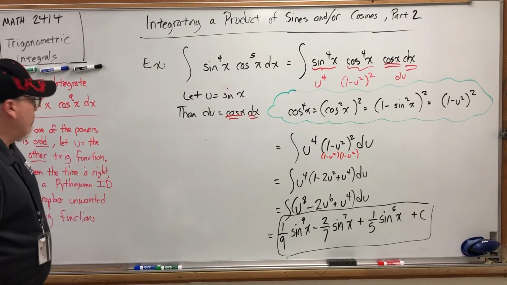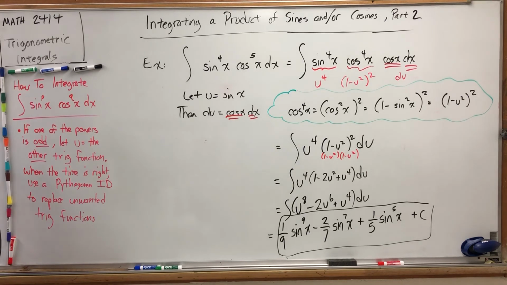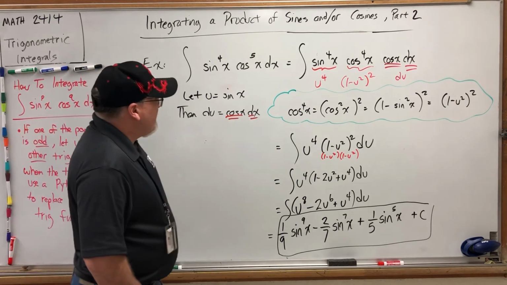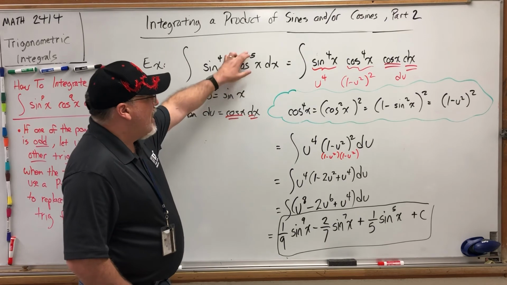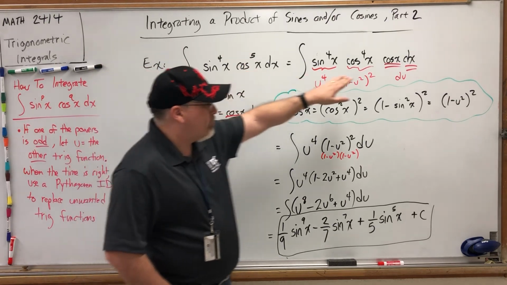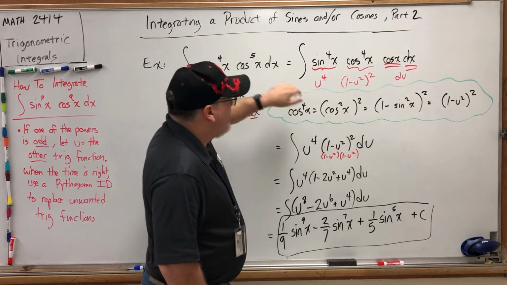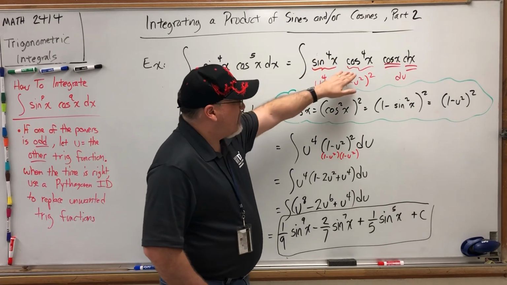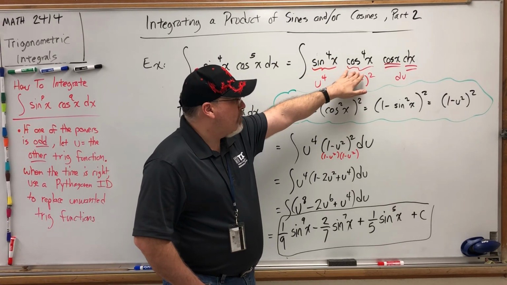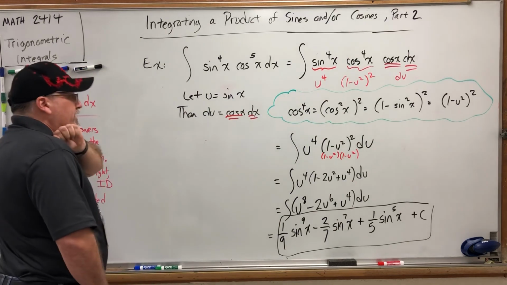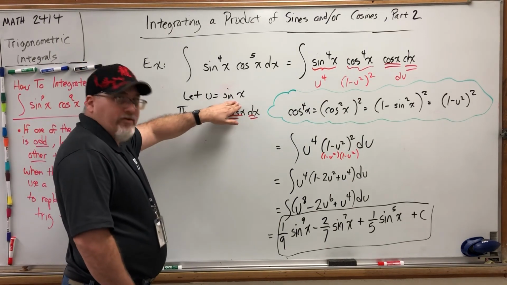All right, so again, to integrate a product of sines and cosines with powers, if one of the powers is odd, you let u equal the other trig function. When the time is right, and by the way, the time is right after you've borrowed one of the odd-powered trig functions to create the du package, use a Pythagorean identity to change the unwanted trig functions into whatever the substitution is asking for.